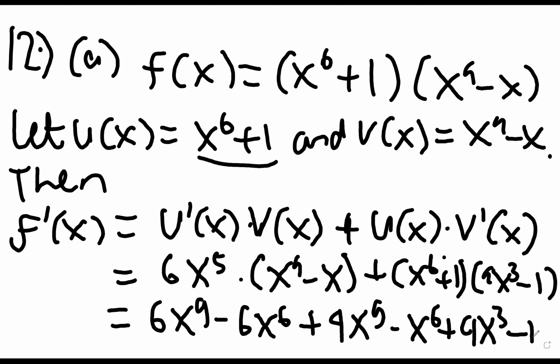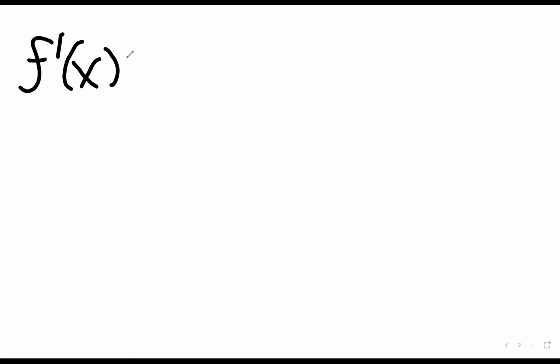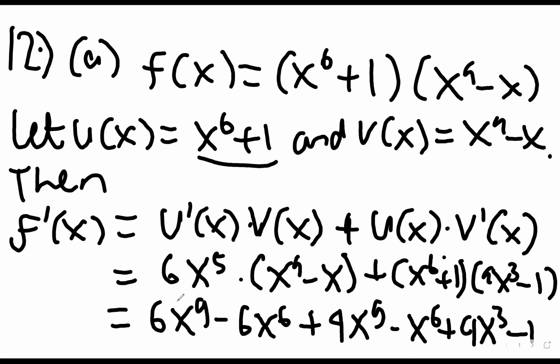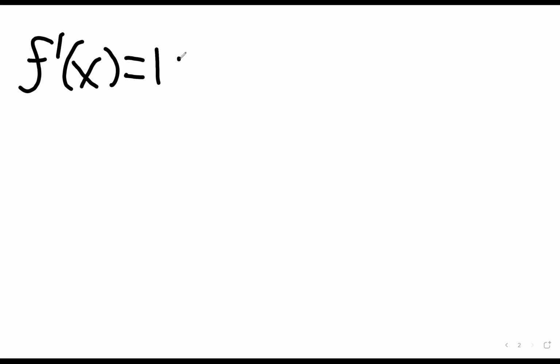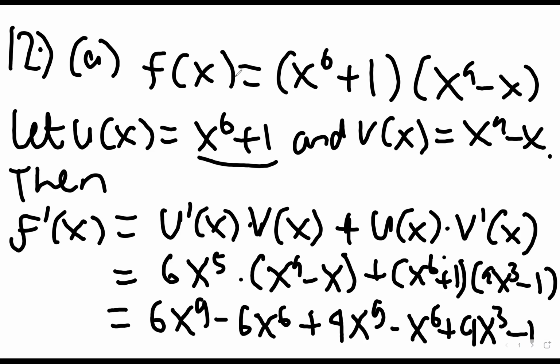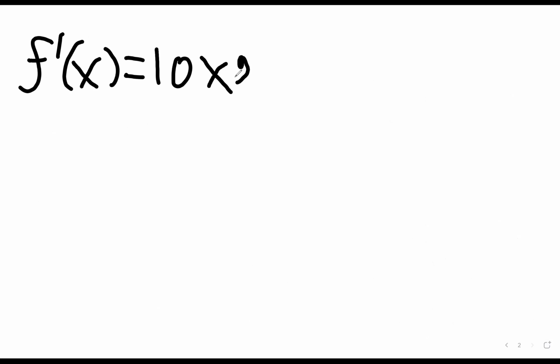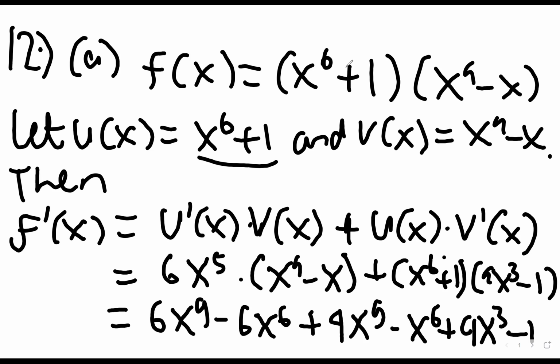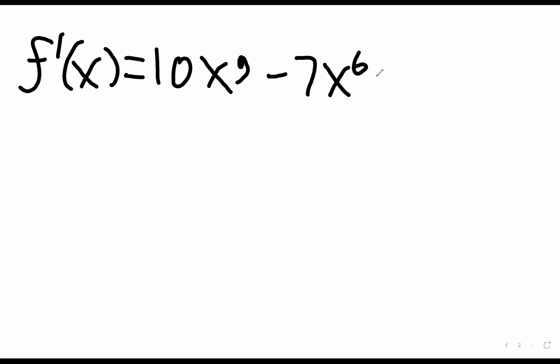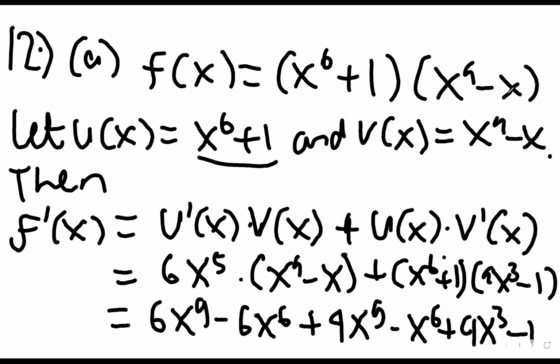We can simplify this to obtain f prime of x equals 10x to the power 9 minus 7x to the power 6 plus 4x to the power 3 minus 1. So that's the result.